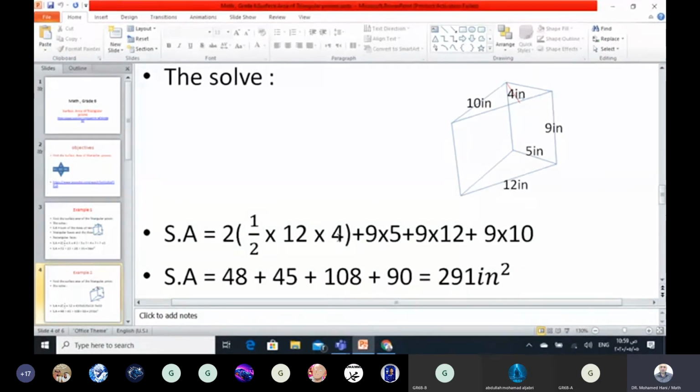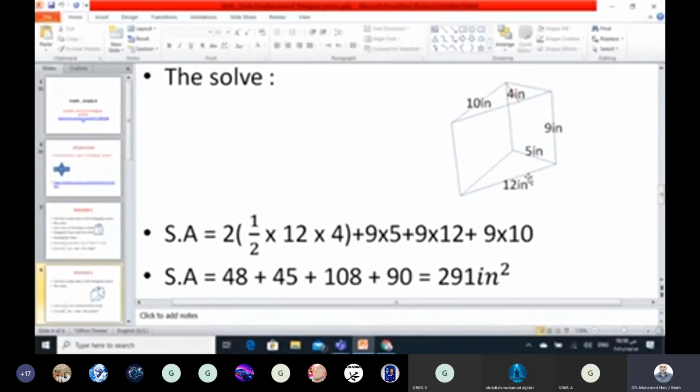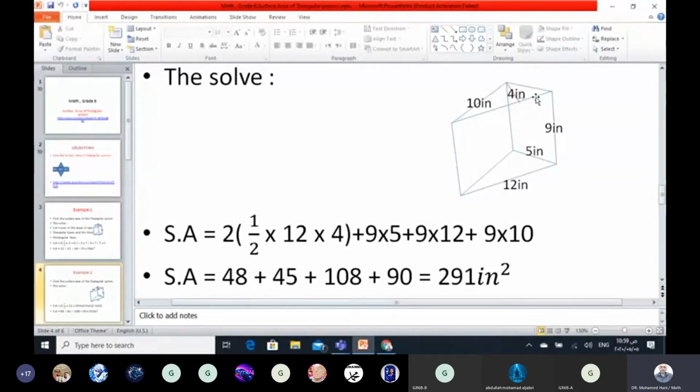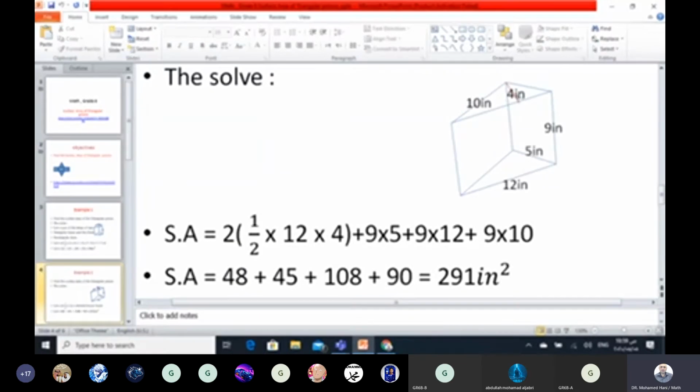So 1 over 2, the base of the triangle is 12, multiplied by the height, which is 4. And multiply by 2 because we have two triangles, this is the first one and this is the second one.